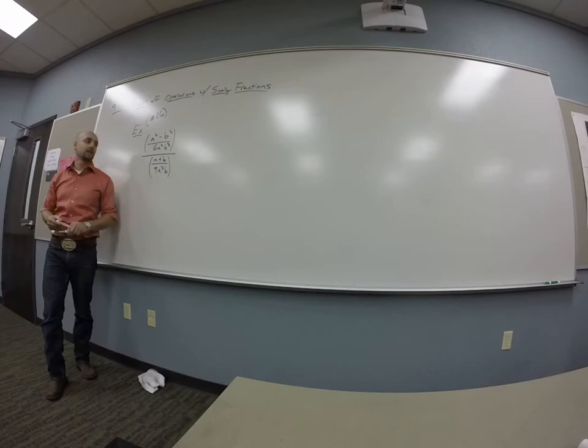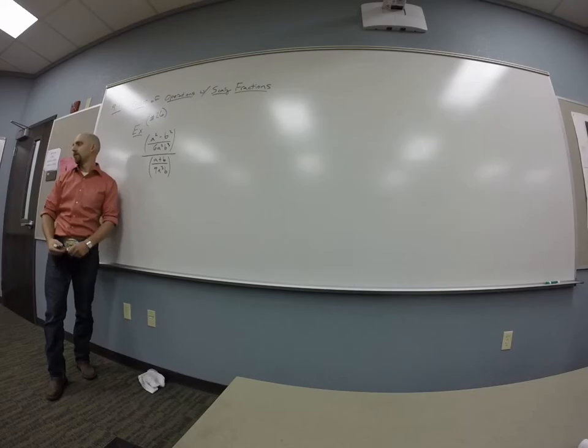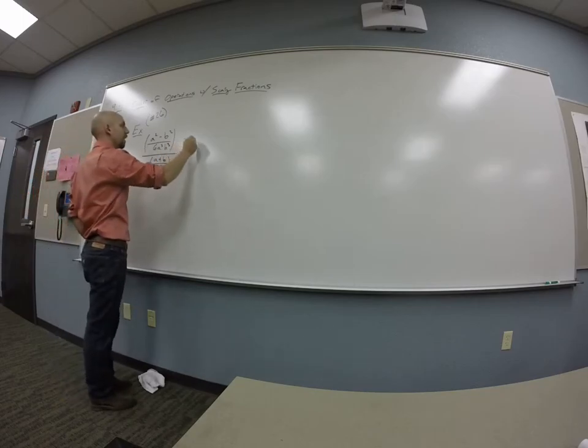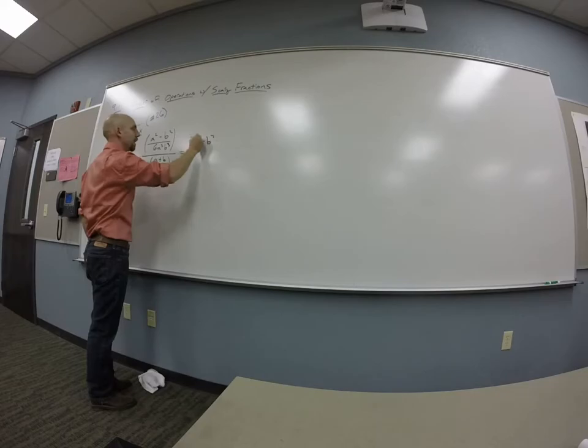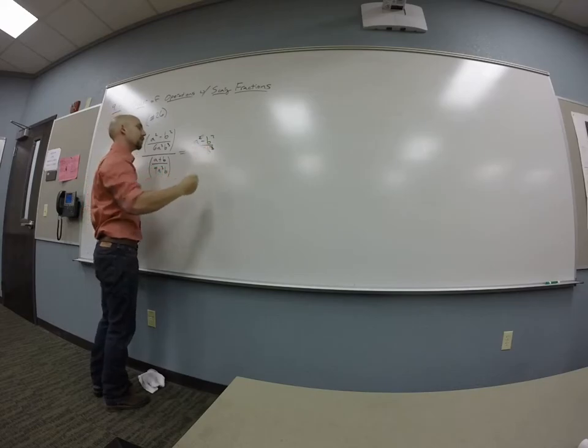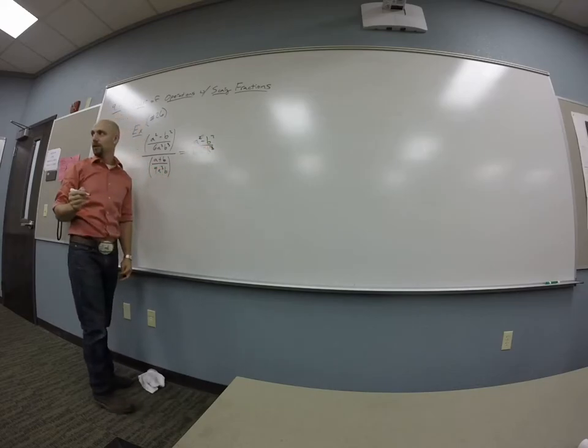Okay, so when I see division like this, what do I do? Take it out. Write it horizontally. Okay, I could write it horizontally. So I've got a squared minus b squared, sorry, over 6a squared b cubed. You guys seeing the false cancel here?